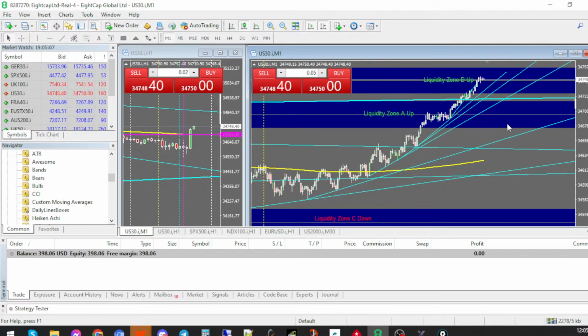So I'm just going to wait patiently, wait for my entry setup. We're at the zone already, so that's a good thing. I want to see the second break, and then I'm going to jump in.